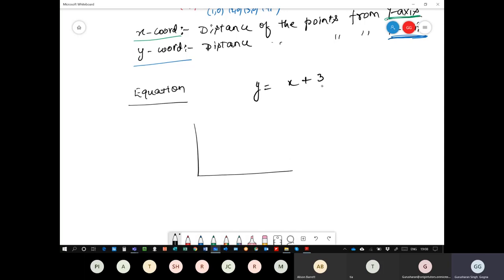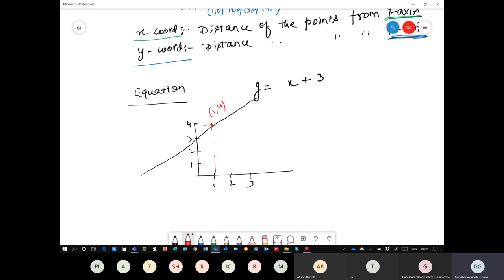So if I draw a line which is y equal to x plus 3, it will be something like this. And if I consider any point on the line, for example, let's say 1, 4.